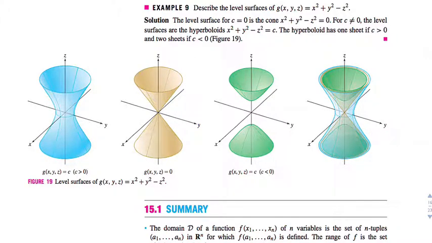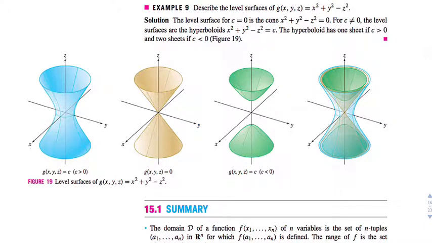So it went from that hourglass shape that we have. What is that called? Yeah, the hyperboloid of one sheet when we have C positive, and then when C goes to 0, it collapses to the point, and once C goes negative, it goes into a hyperboloid of two sheets.